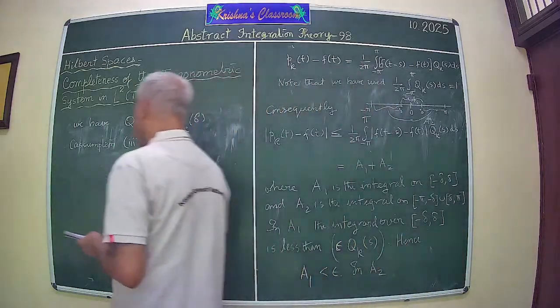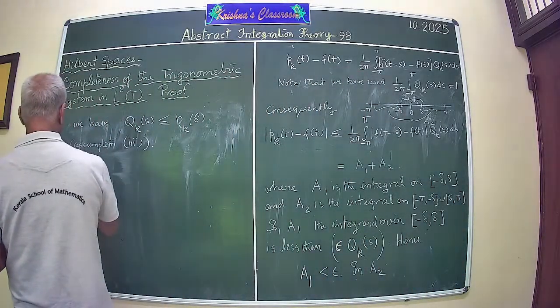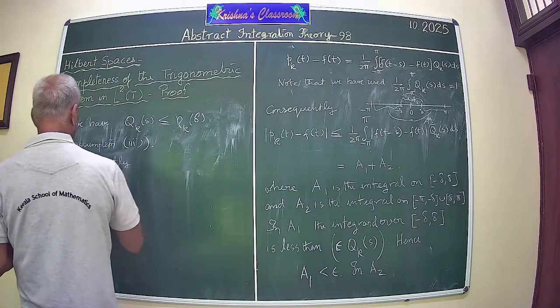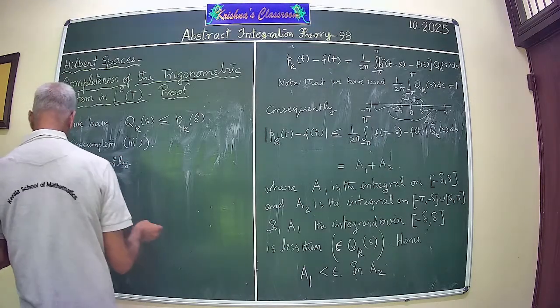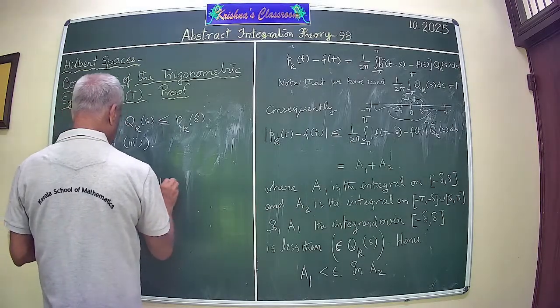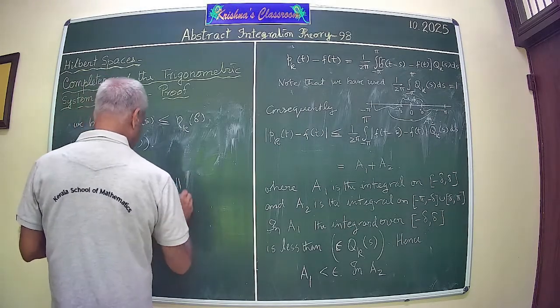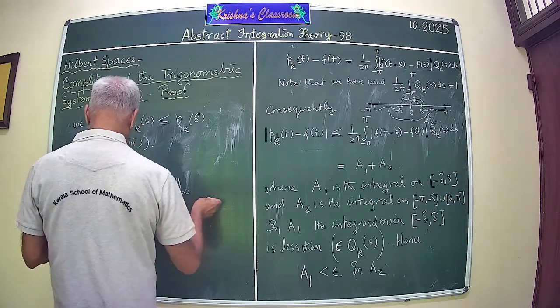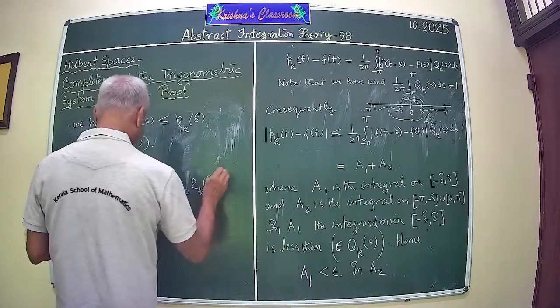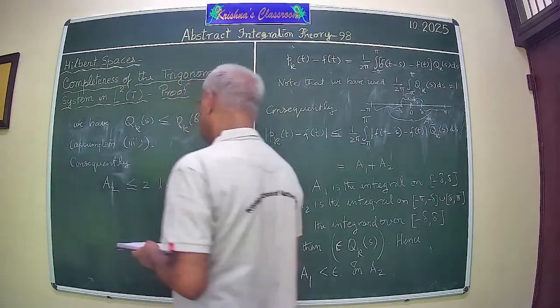Consequently, we have A2 less than or equal to twice delta.